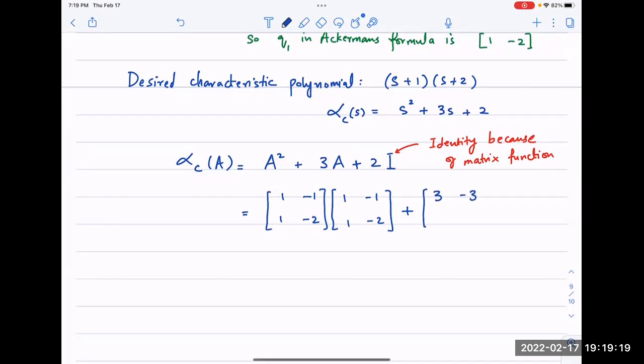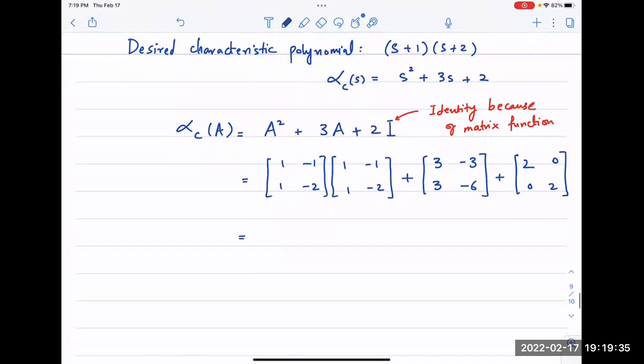Three minus 3, 3 minus 6, and then this matrix turns out to be [5, -2; 2, -1].